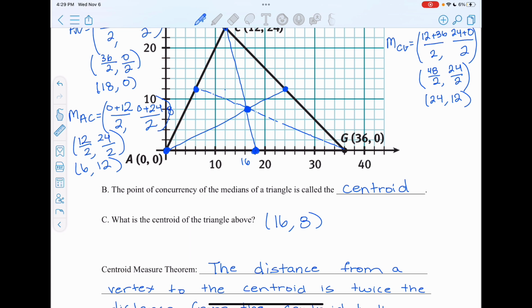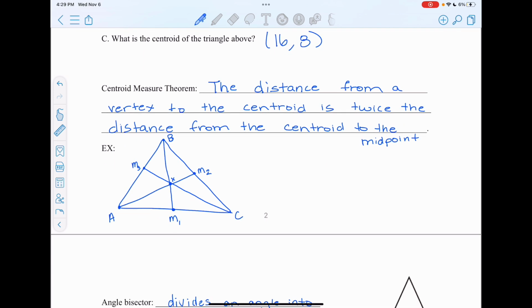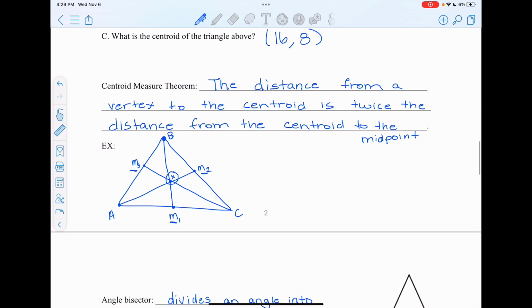Now, there's a special theorem about the centroid of a triangle, and that theorem is called the centroid measure theorem. And it says the distance from a vertex to the centroid is twice the distance from the centroid to the midpoint. So, for example, if x is my centroid, and notice how all my m's are my midpoints, the distance from the vertex to the centroid is double the distance from the centroid to the midpoint.